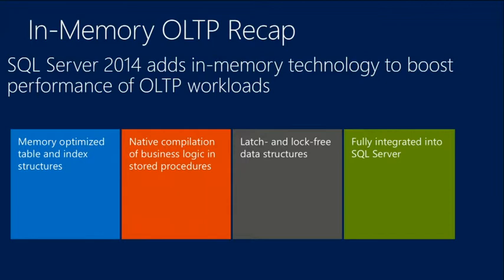So now in this session, I especially want to go into detail on what these tables and index structures are, how you create them, how to use them, and how to access them using natively compiled stored procedures and also the existing interpreted T-SQL. And finally, how the lock-free and latch-free aspects of the transaction semantics interact with your application.